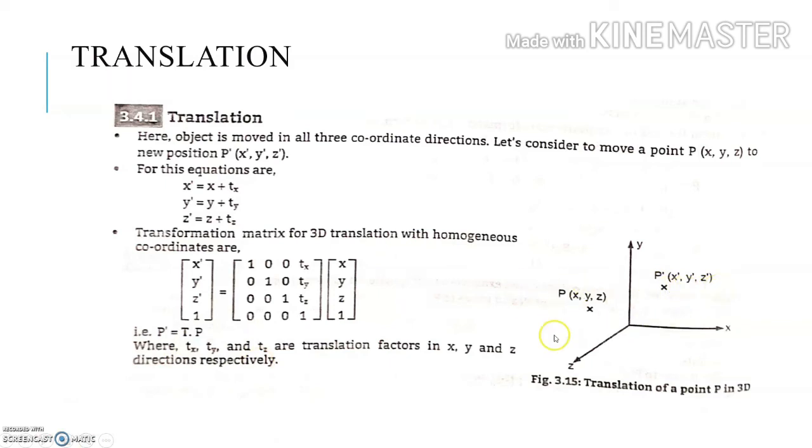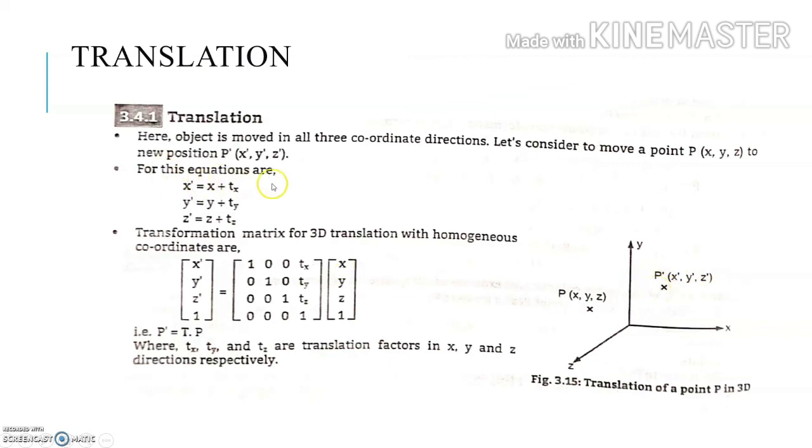Here this is my point P with coordinates x, y, z, and I have to translate it to a new place, P dash, which will have the new coordinates x dash, y dash and z dash.